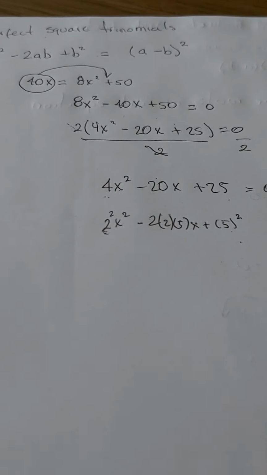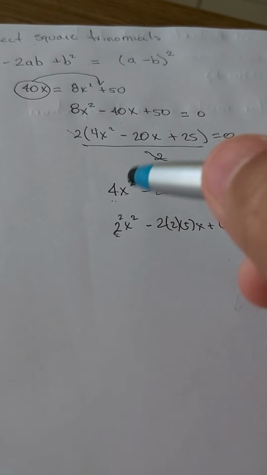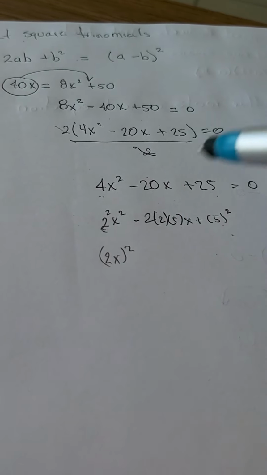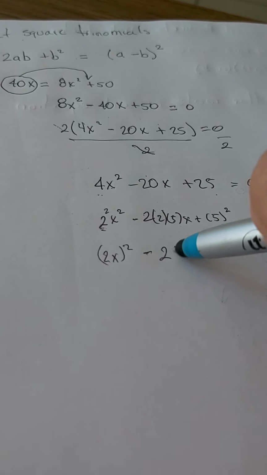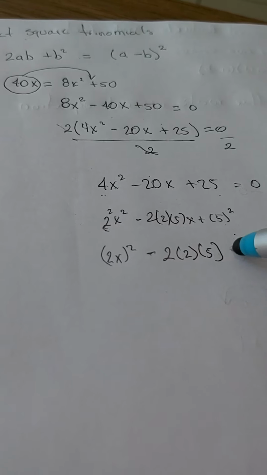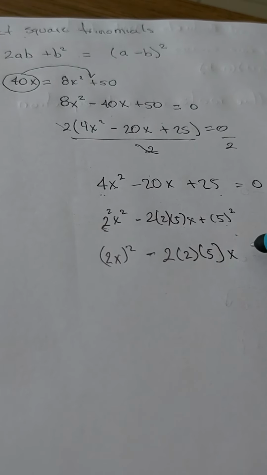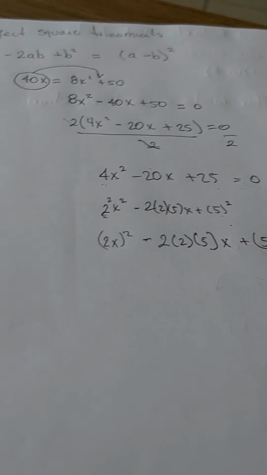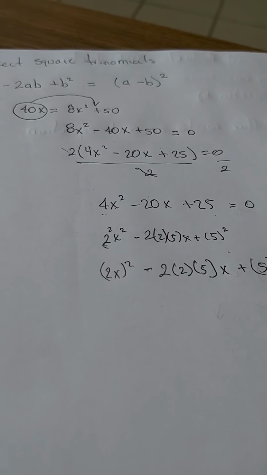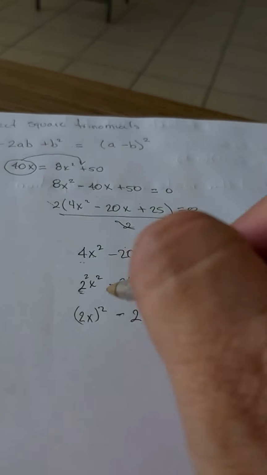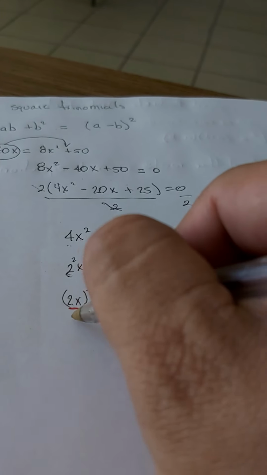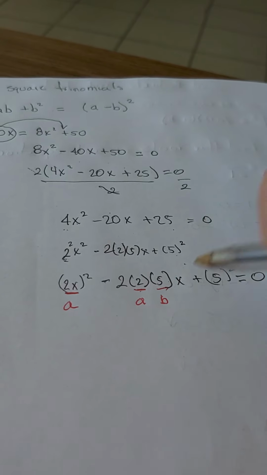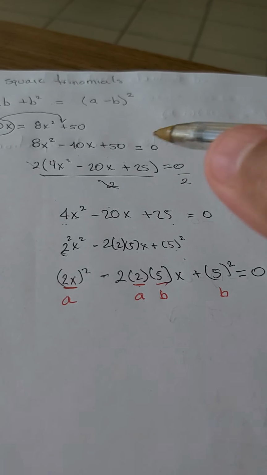Okay? Now notice, 2 squared and x squared, we can write it as (2x) squared minus 2 times 2x times 5 plus 5 squared equals 0. And now we have it as a perfect square trinomial, meaning all of this is a, this is b, and this is b.